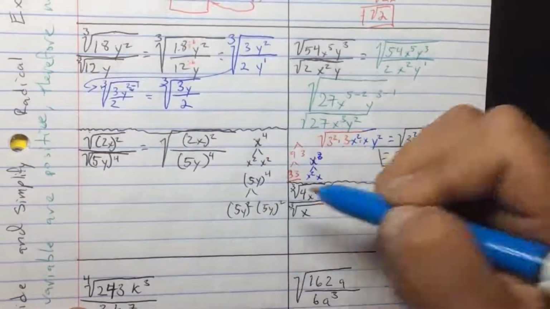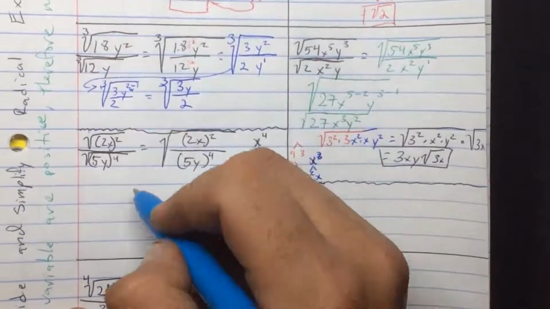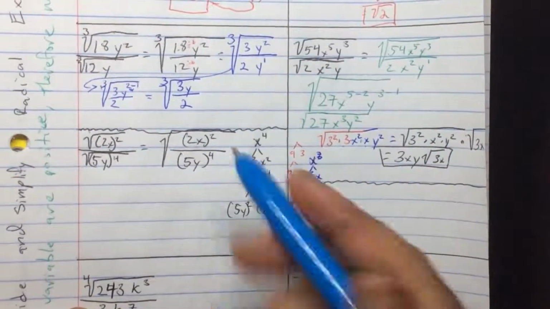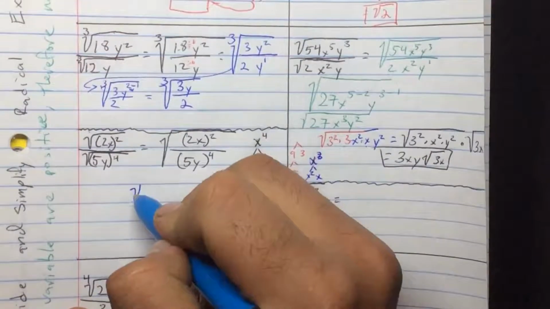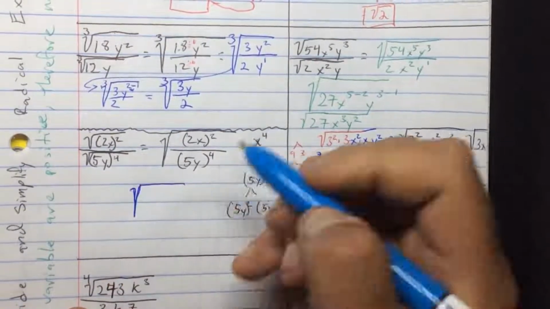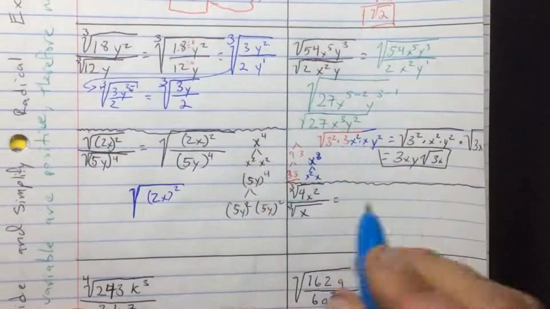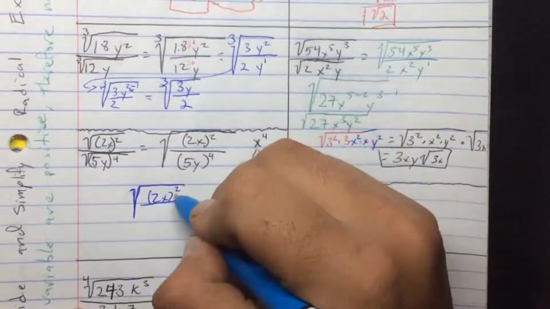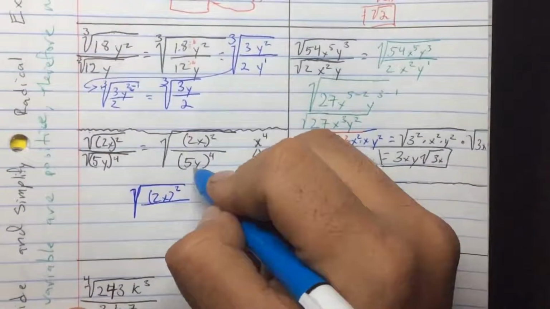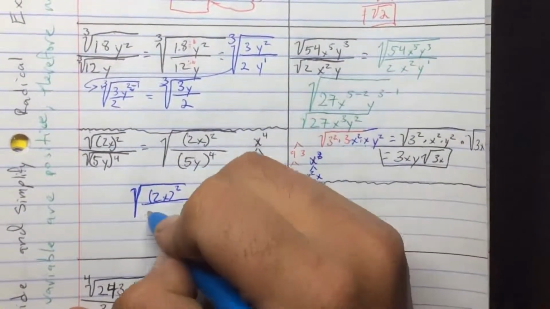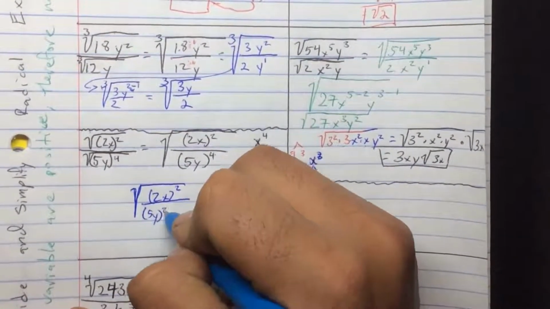So now I can rewrite this, in blue, still over the denominator: we have 2x squared, that's already squared, so we don't have to change it because that's already going to come out. And instead of writing 5y to the 4th, we can write 5y squared times 5y squared. Now everything's squared, so we can pull everything out.